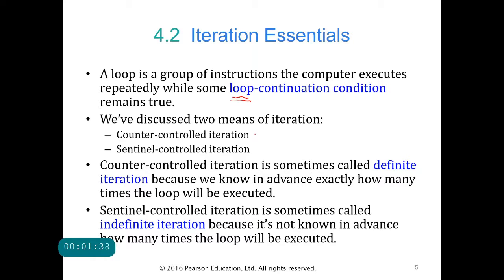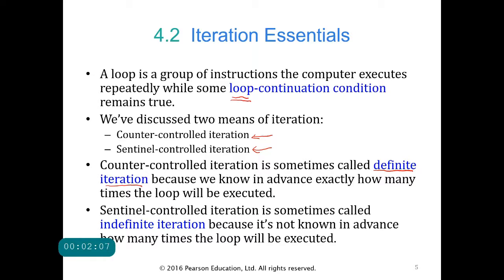The first one is one that is based on counter controlled iteration, and then the second category is based on what is called the sentinel controlled iteration. Now the first category, the counter controlled iteration, is also called the definite iteration. And so what do we mean by definite iteration?